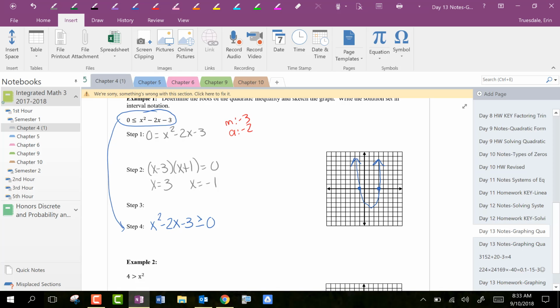Do you think greater than or equal to 0 is above the x-axis or below the x-axis? Above. Okay, so I'm going to highlight, use your other color, the part that is above the x-axis.